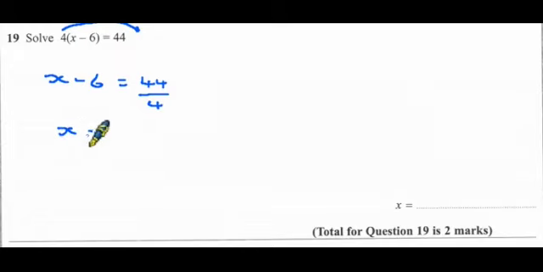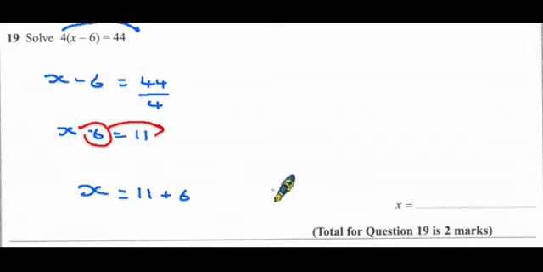Therefore x minus 6 equals 11. If we then move the minus 6 to the other side, it becomes a plus 6, so we end up with x equals 11 plus 6, and once again that equals 17. Either method is good, take your pick, it all depends how you see the question yourself.